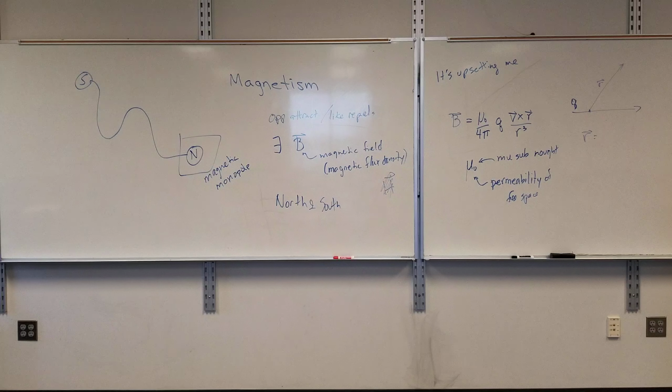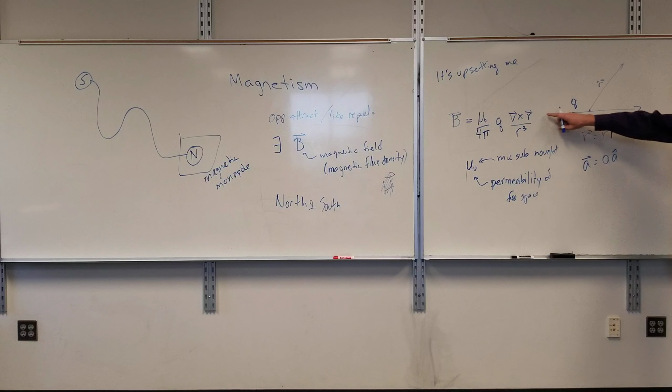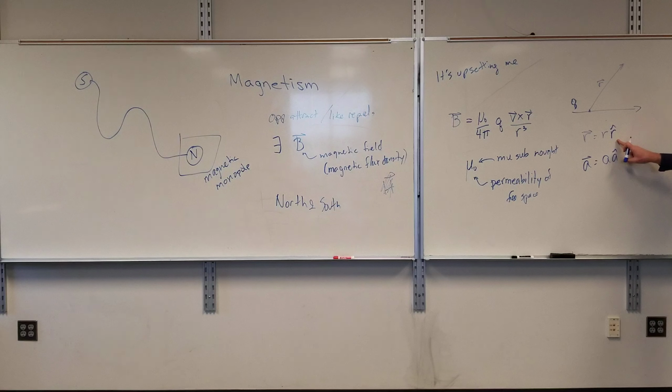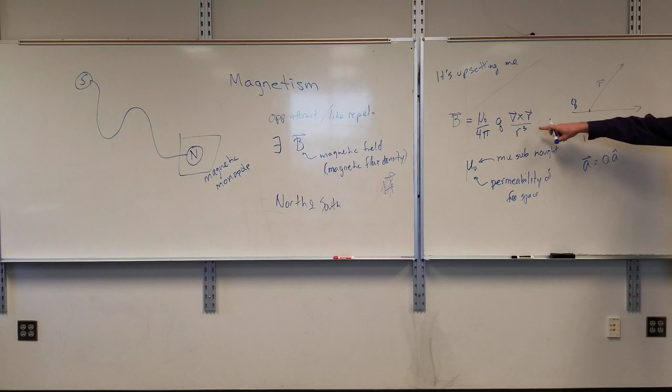All right, what are the 2 things that all vectors have? Magnitude and direction. So the magnitude of R vector is R. The direction, we can just create a unit vector called R hat. The same is true for any letter. If I have some vector A, that's A times A hat. So instead of writing R vector, I could write it as R times R hat. That R would cancel out with one of those.